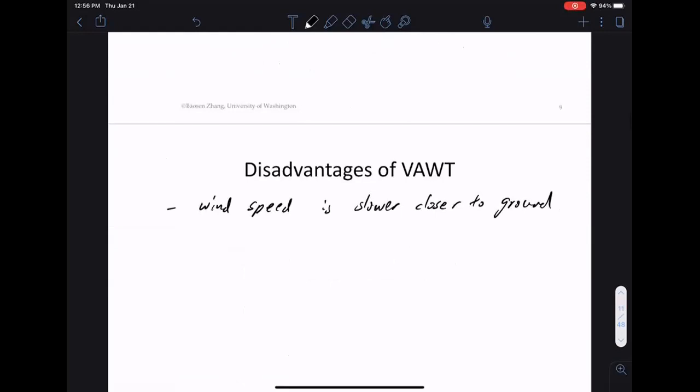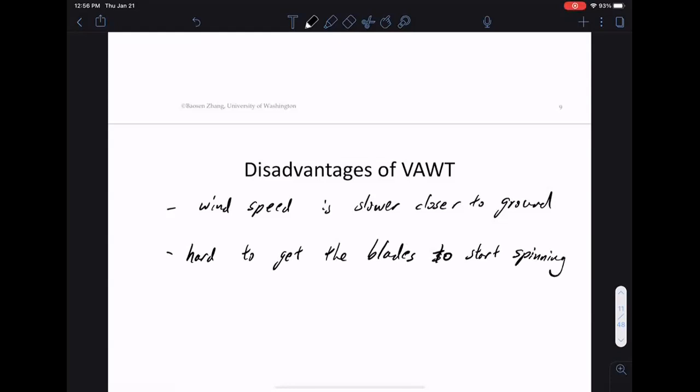So you cannot easily get something like a megawatt out of these vertical turbines. Because the speed is low and the blades can still be heavy, it's sometimes hard to get this thing to start spinning and generating power.